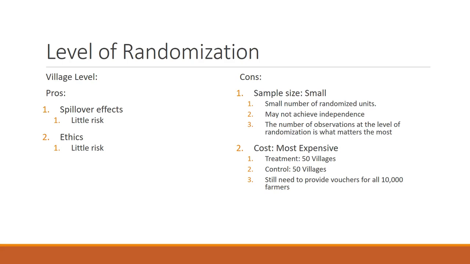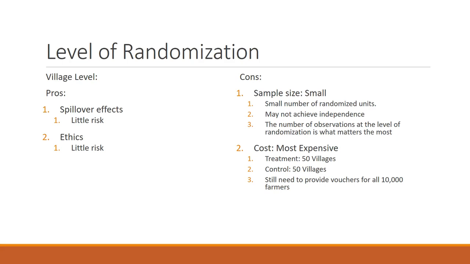So, what are the advantages of that? Well, the advantages are you reduce the possibility of spillovers, because it's much less likely that farmers in different villages will interact with each other. If you're in a treatment village, it's not likely that you're going to have continuous contact with someone from a control village. These villages might be far apart. So it reduces the chance of spillover effects.